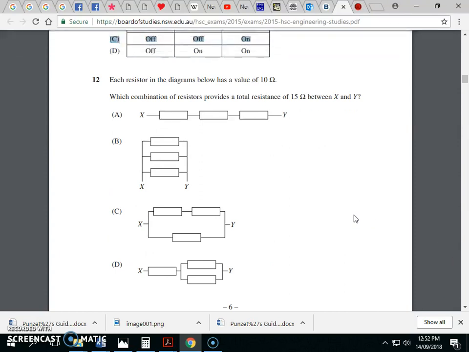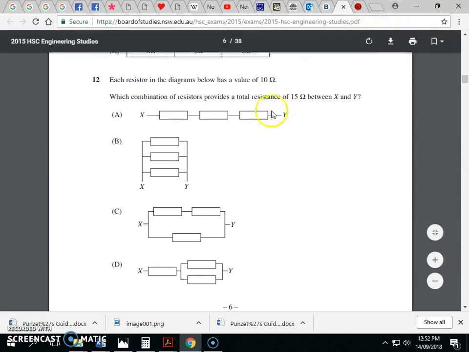Okay, this is an interesting question. I remember seeing this question, and at the time I hadn't taught resistance as heavily as I currently do. So when we're doing parallel resistance, if each of these is 10, that's going to be 10, 20, 30. In this case here, we're going to have 1 on 10 plus 1 on 10 plus 1 on 10, which is 3 on 10.